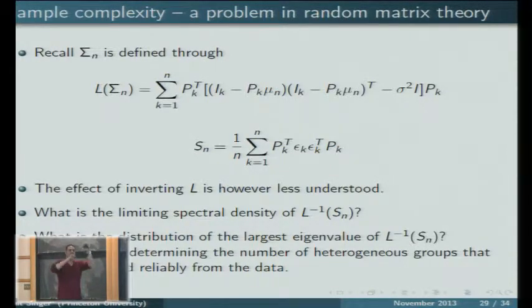So it's going to mess up the entire matrix by taking some linear combination of all the matrix entries. Now, L is a deterministic matrix. And so the question is, what is the limiting spectral density when you apply a linear operator to a random matrix? But now the linear operator is over the space of matrices, not on the space of the underlying vectors that created the matrix.